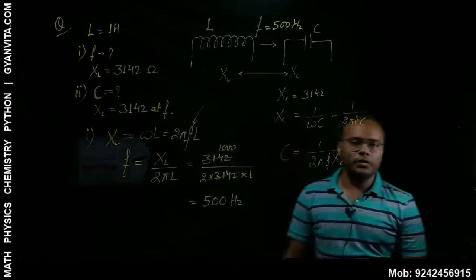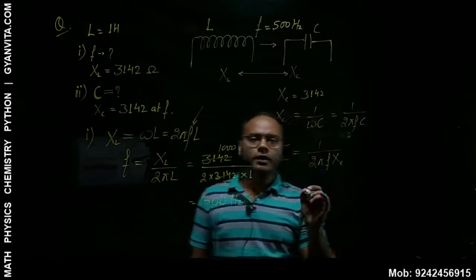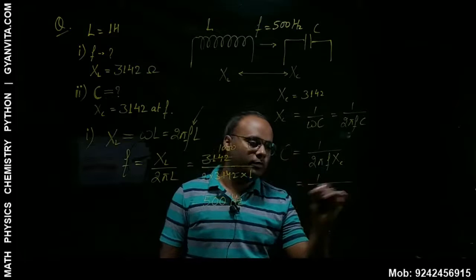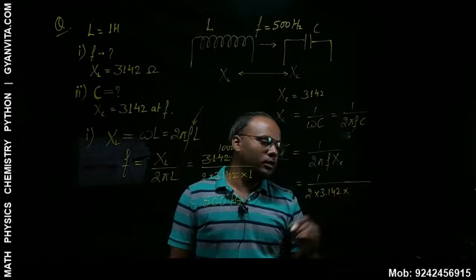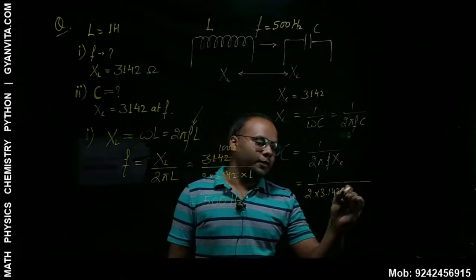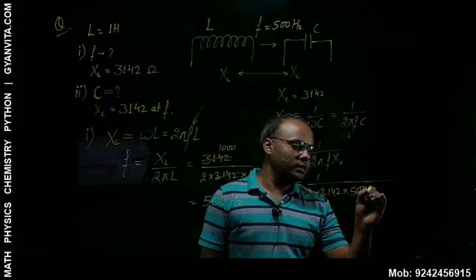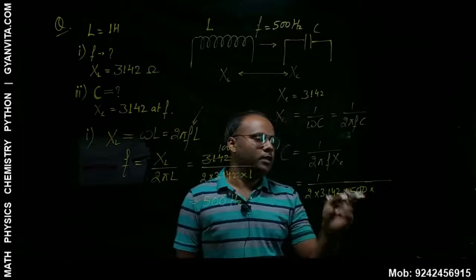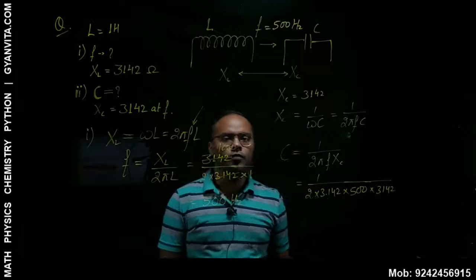Right? So now we just have to substitute these values. It will be equal to 1 by 2 into 3.142, that is 2 pi, into f which is 500, into XC which is 3142.